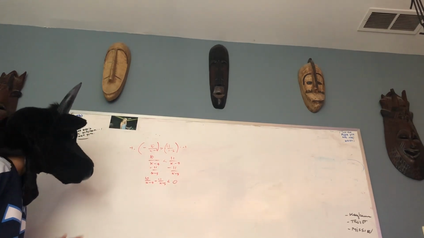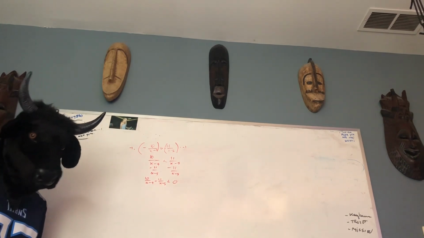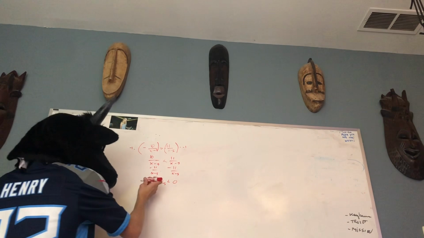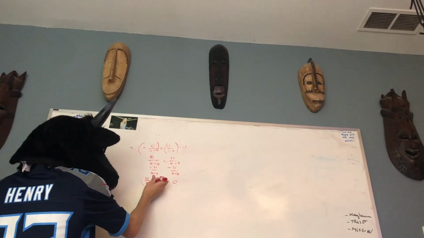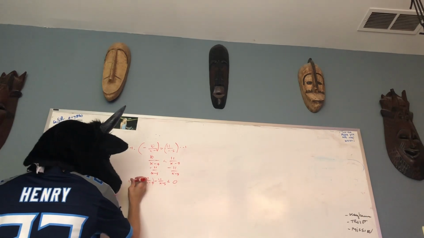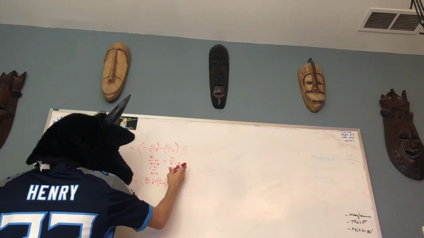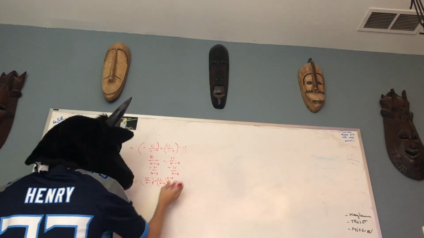Now, this would be pretty difficult to test in a sign chart, so let's try to get it all on one fraction. In order to do that, we need to multiply this whole fraction by x minus 5, and then this whole fraction by x minus 4.